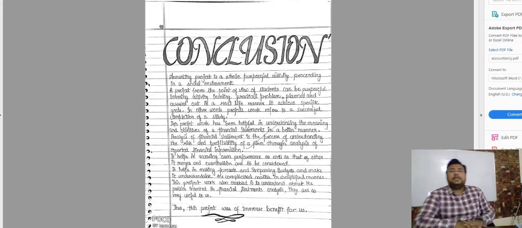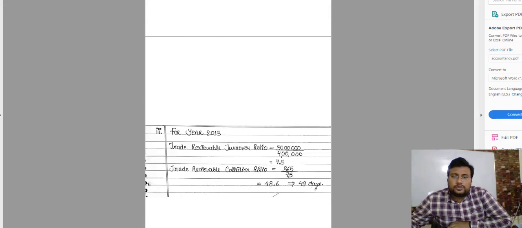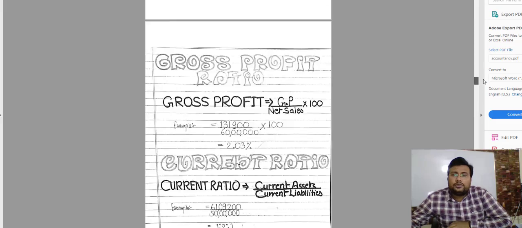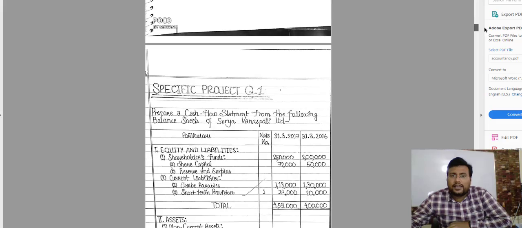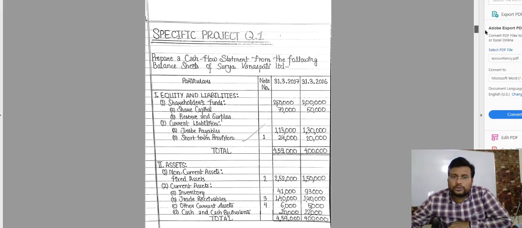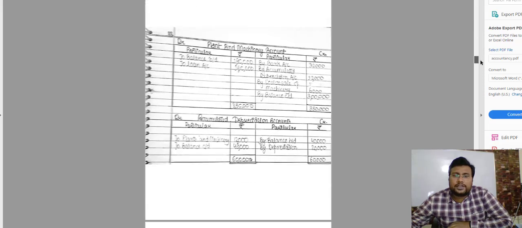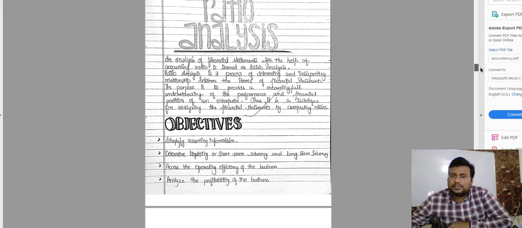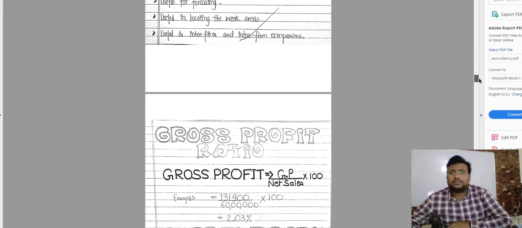So this is basically the accountancy project. What you have to do, guys, is simple: prepare a cash flow statement with the help of one particular cash flow question. And bacha, once you are done with the cash flow statement, you have to do the ratio analysis. But before that, you write down the objective, meaning, and advantages of ratio analysis.